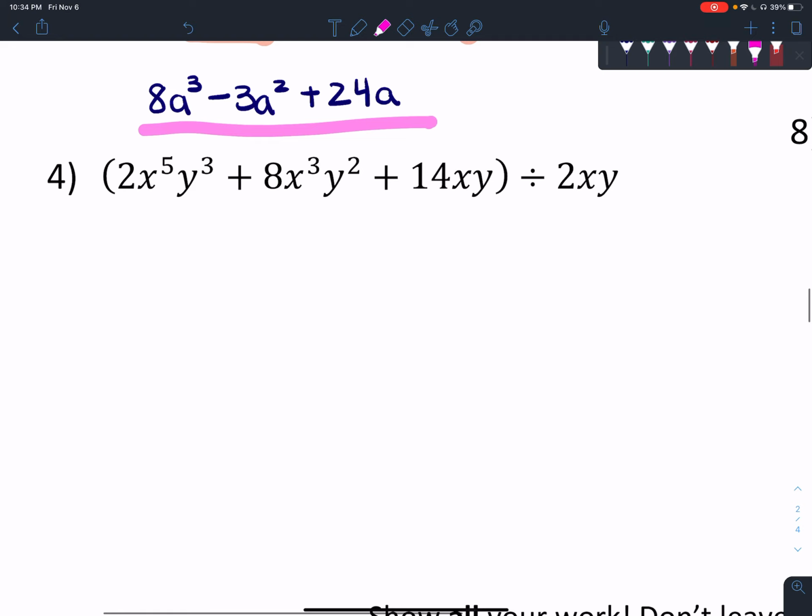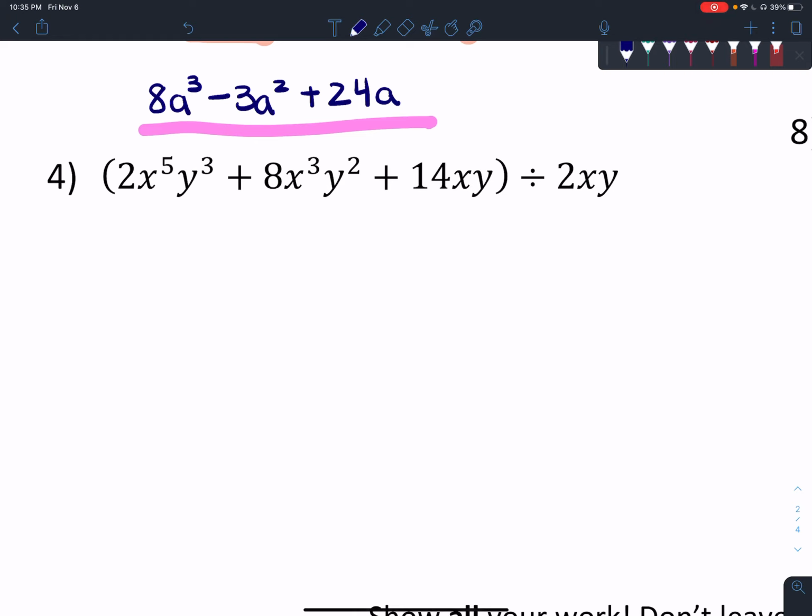Okay, for number 4, we have this division going on. So it's this entire polynomial divided by this monomial, so this single term polynomial. Remember, when we have division, what we do is little mini divisions. So it's going to be each of these terms divided by the same thing here.